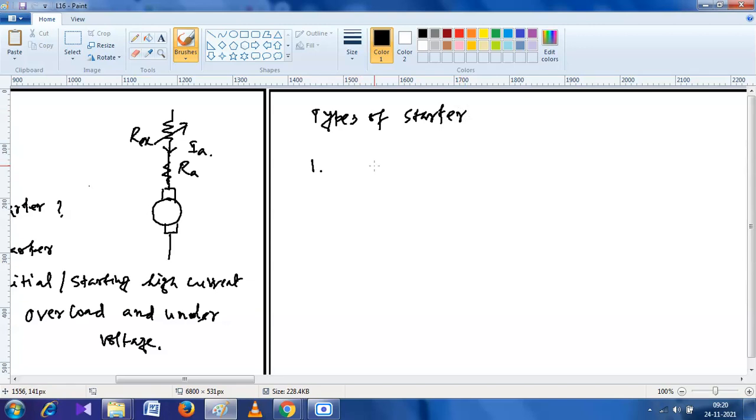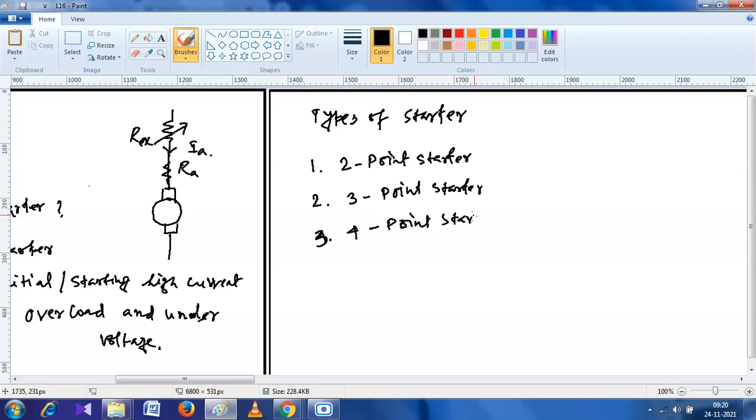One is called 2-point starter. Number two is 3-point starter. And number three, 4-point starter.